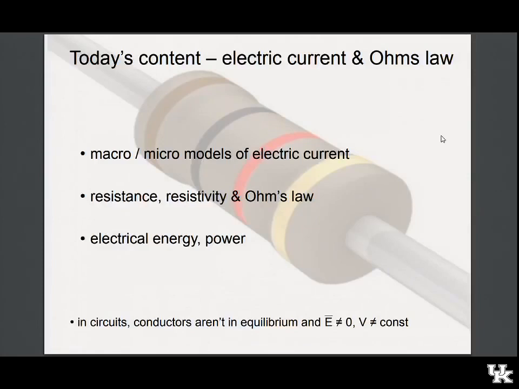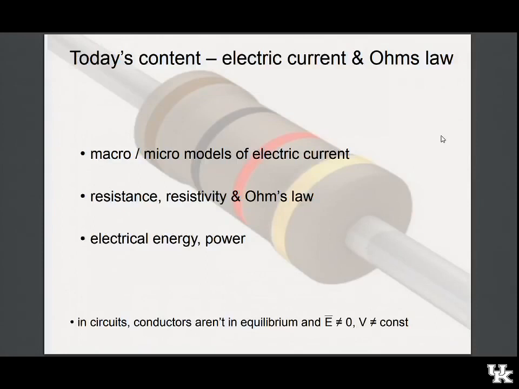I'm going to start with what I would call a microscopic picture or a microscopic viewpoint of electrical current, and a macroscopic picture, macroscopic viewpoint of electrical currents. So we get familiar with the idea of electrical currents, and we learn how to quantify electrical currents.